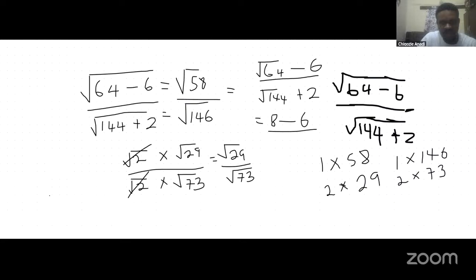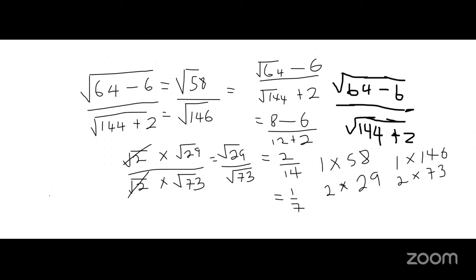Now when we do this we have 2 all over 14, and when we reduce it to its lowest term we have 1 over 7. So if the question came in this format, this will be our answer. But since it's in this format, our answer is root 29 all over root 73.